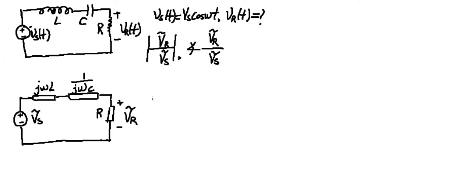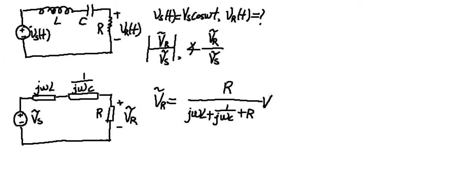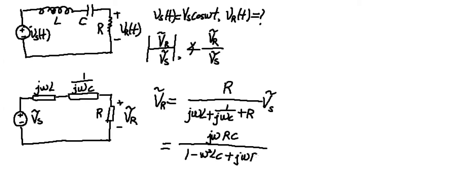So basically, the output voltage, VR tilde, will just be equal to R divided by the total impedance, which is j omega L plus 1 over j omega C plus R, times Vs tilde, which can be further simplified into j omega RC divided by 1 minus omega squared LC plus j omega RC.